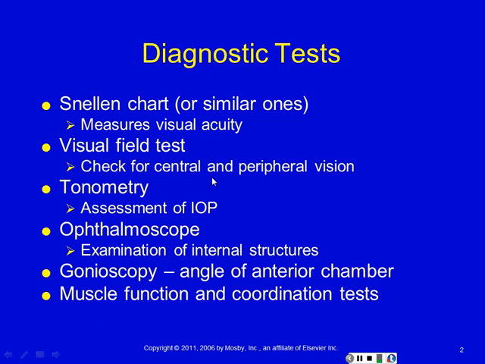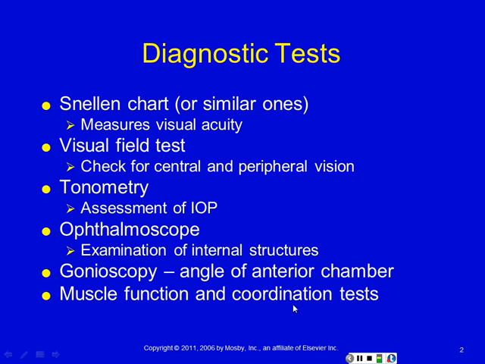But, obviously dilating people's eyes makes it hard for them to drive home and things like that. So there's other factors there. Gonioscopy is one of these that you probably haven't had done. This is measuring the angle of the anterior chamber. In other words, the cornea-iris angle, which when we talk about glaucoma in a minute, I'll show you that.